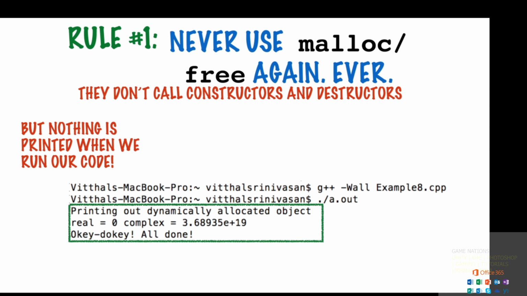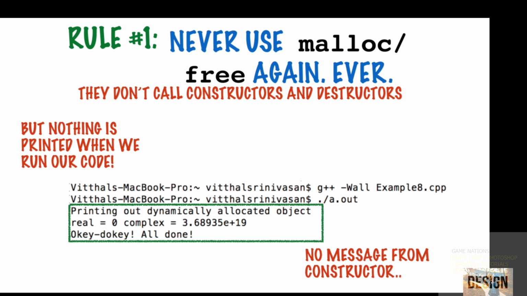Look at all the messages there. There's nothing about any constructor being called, which basically means none of the constructors were called. And the reason for that is we've used malloc instead of new. Malloc only assigns memory. It does not call any of the constructors.